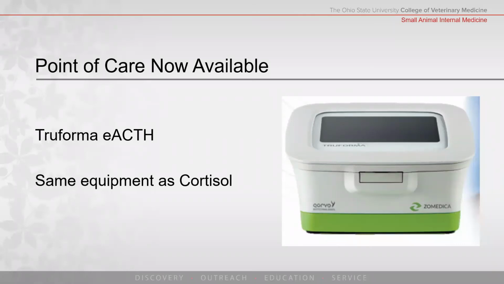But the cool thing is now they have an ACTH cartridge that came out that will measure that ACTH within 15 minutes, even less, of you drawing the blood from the patient. So you don't have to worry about the degradation, and you don't have to do a high-dose DEX. Once you diagnose the patient with Cushing's disease, you run an ACTH, a single blood sample. You don't even have to do the 0, 4, and 8 hours for a high-dose DEX, and there you have your answer. It's quite a convenient option.